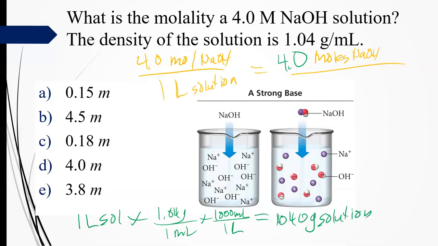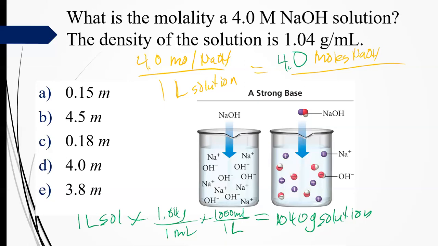Now we can't just turn that into kilograms and put it at the bottom because we want just the solvent, so we have to remove that solute. Luckily, we know that there's 4 moles of sodium hydroxide in there. So if we take 22.989770 plus our oxygen plus our hydrogen, we can find the molar mass of NaOH. We multiply that by 4.